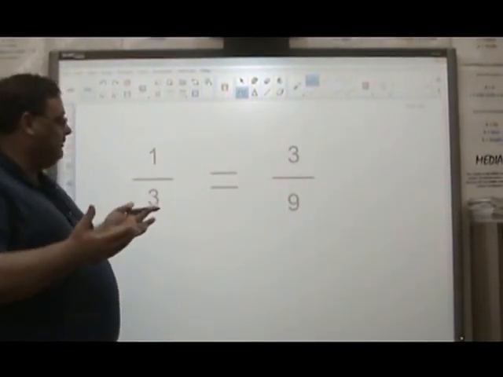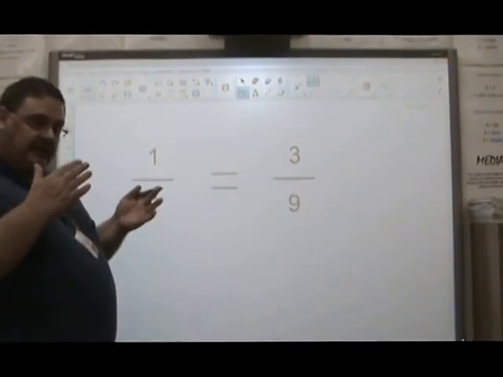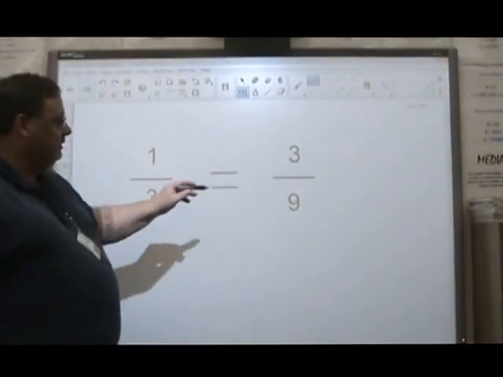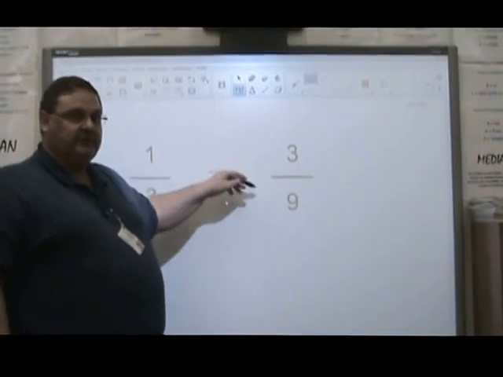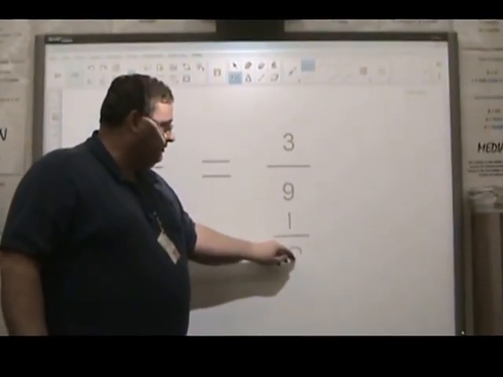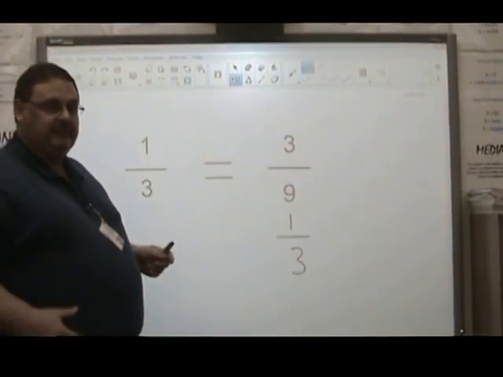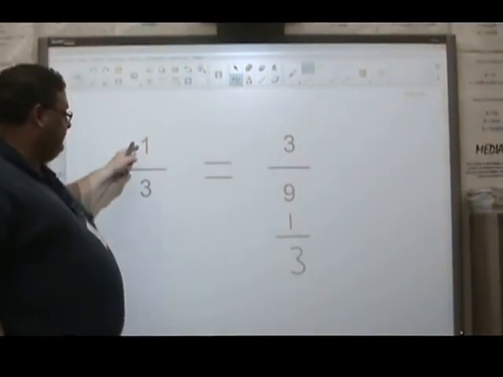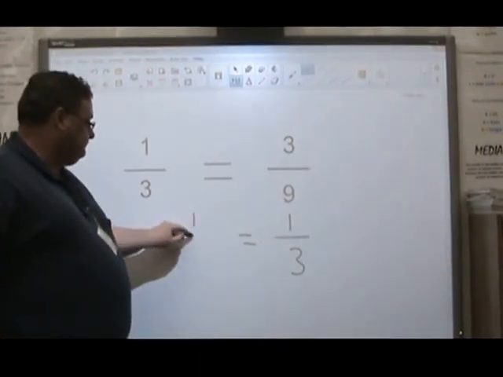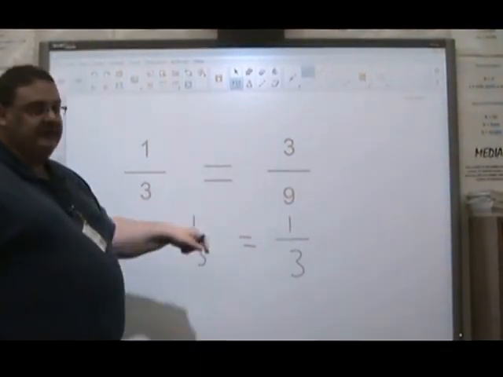But when we're talking about ratios, what matters is whether or not they reduce to the same amount. So going back to your fraction skills, being able to reduce, 3 out of 9 would reduce to 1/3, or would simplify to the same. Anytime that you have ratios that simplify to the same, we can say they're equal.